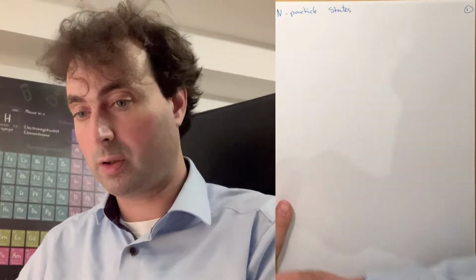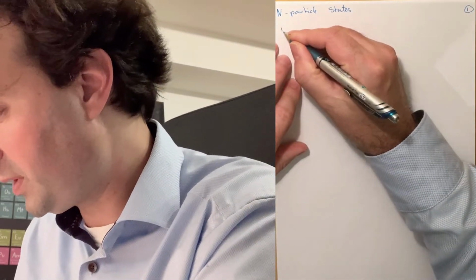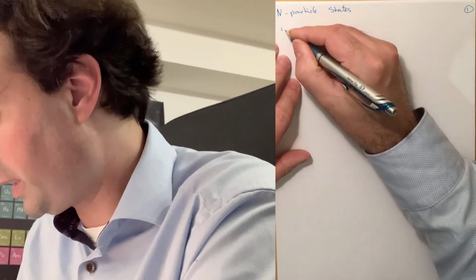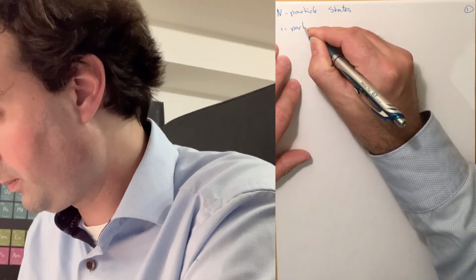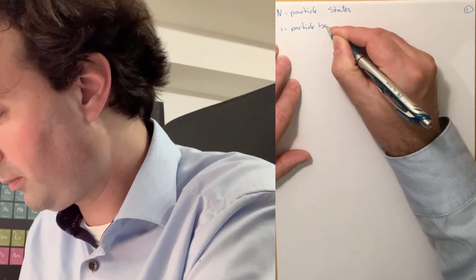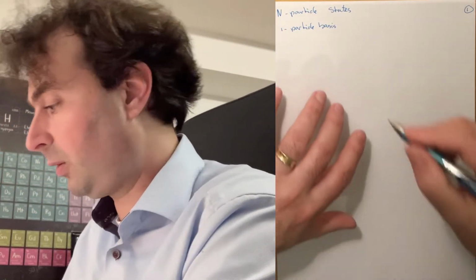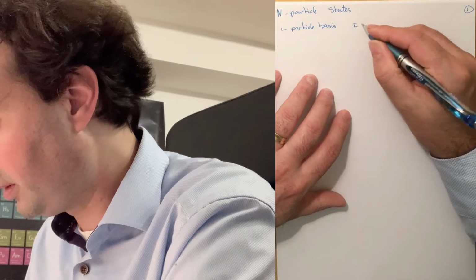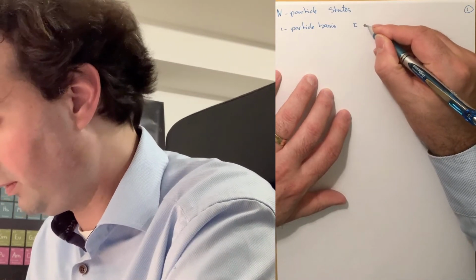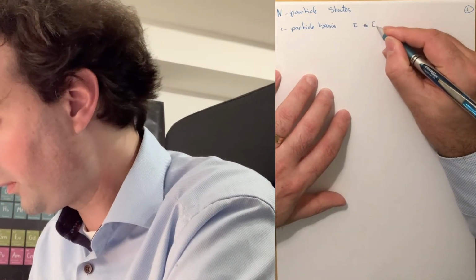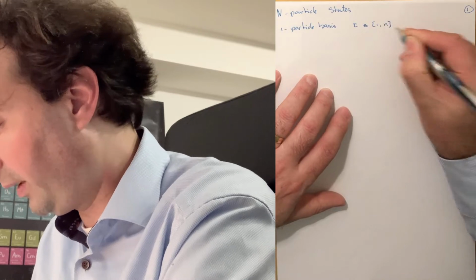So when we work in quantum mechanics, we can write our wave functions as a sum over orthonormal basis functions, and for one-particle states we can define a one-particle basis. These are wave functions that can occupy a single electron, and we can make a basis which we label by tau, going from 1 to n.